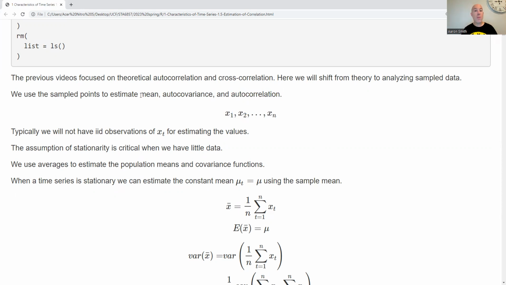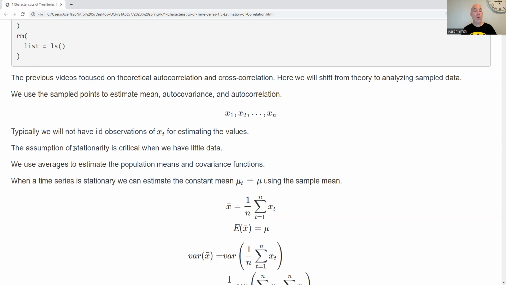Now, anytime I'm using the overall sample mean, I am either investigating or I'm assuming that we have stationarity of our time series. So in real life, most of the time on time series, we will not have IID, independent identically distributed observations.